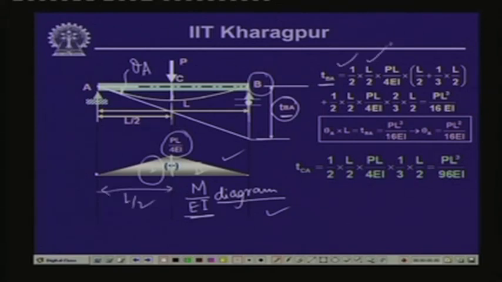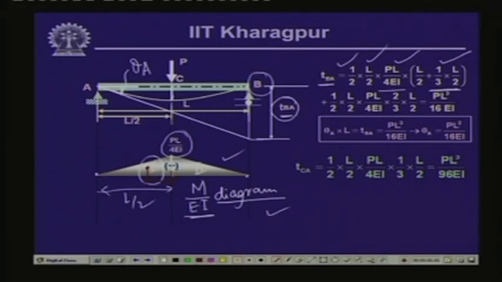So, half times L by 2 times the ordinate PL by 4 EI, and the CG of this particular part of the triangle is at 1/3 of L by 2, so we take 1/3 of L by 2 plus this distance L by 2. That is the moment of this particular part of the triangle.